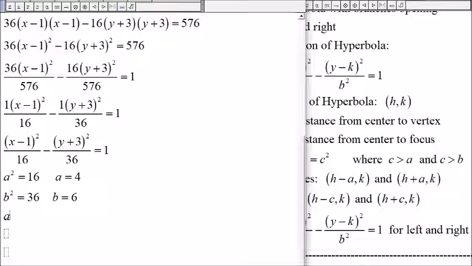And then we know that a squared plus b squared is equal to c squared. So this would be 16 plus 36 equal to c squared.